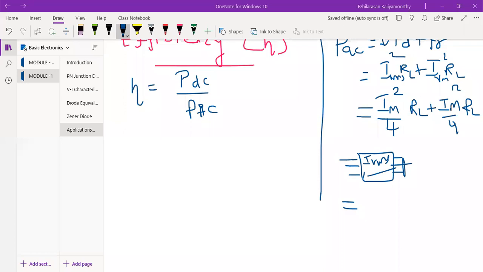Since the rectifier itself is assumed to be ideal, we have to say what dissipated power takes place in the resistance of the conducting diode.